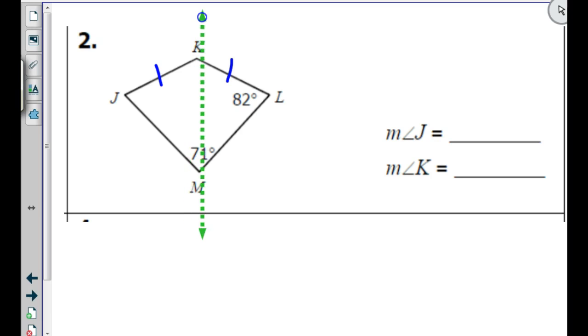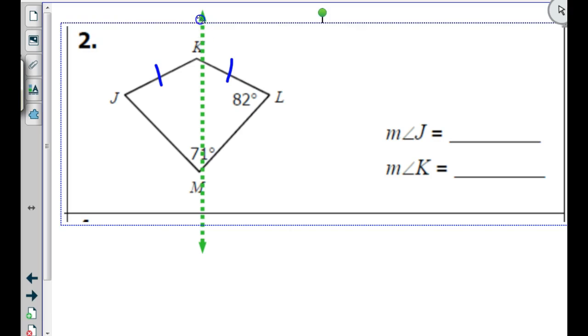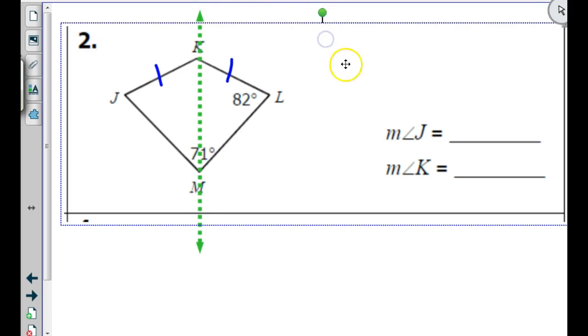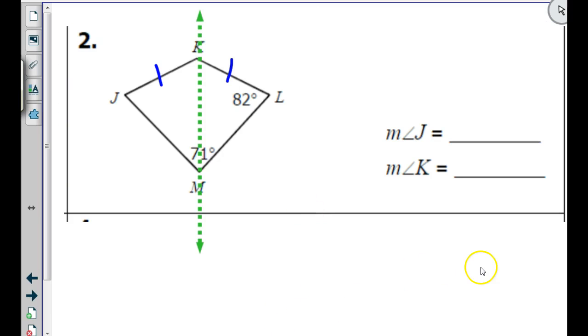The line of symmetry is down the middle there. Scooch it over a little. So there's another 80, these 2 are equal as well. There's another 82 because this would flip over and match here. So we have J is 82 degrees.